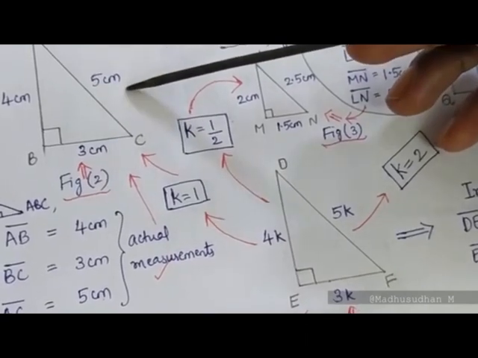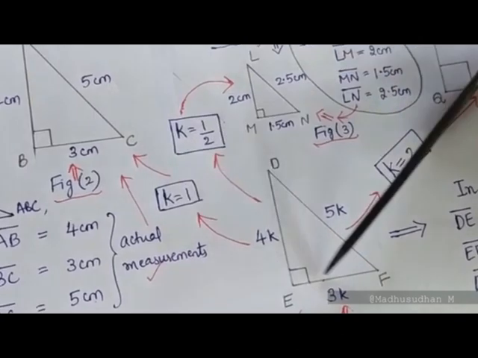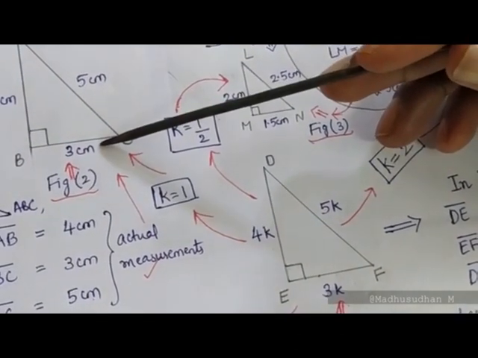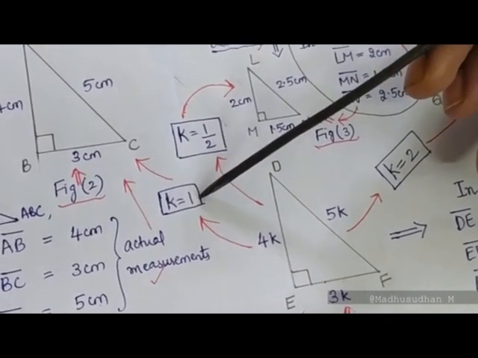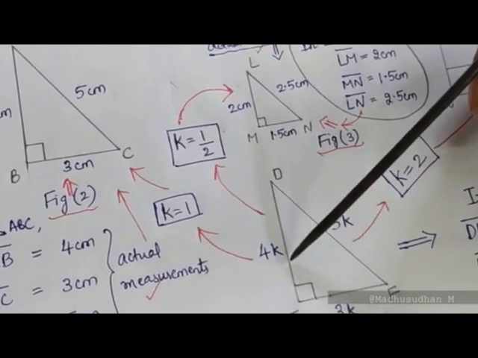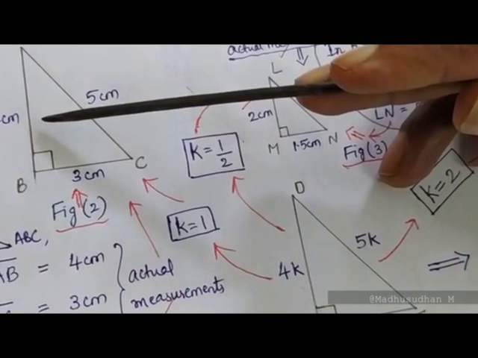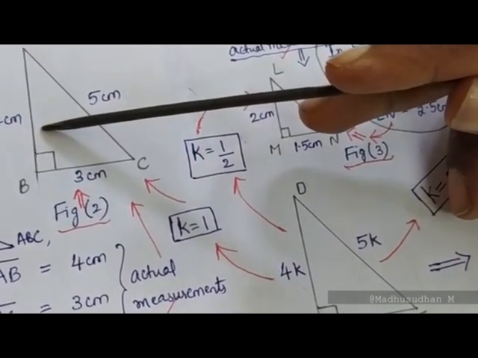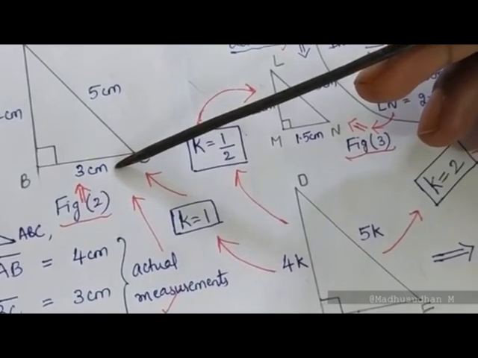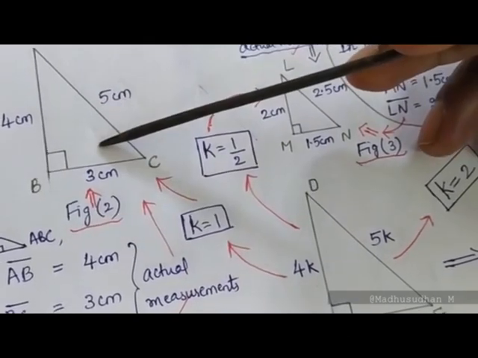Now this 5 centimeter AC is the exact measurement. BC, which is equal to 3K, is exactly equal to 3 centimeters, where K is equal to 1 here. Similarly, you can find DE, which is equal to 4K, which is equal to 4 centimeters here in this figure 2 for AB. And 4 centimeters, 5 centimeters, and 3 centimeters are the actual measurements for this right angled triangle ABC.